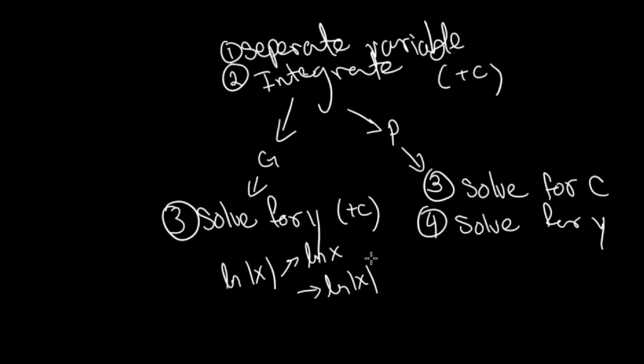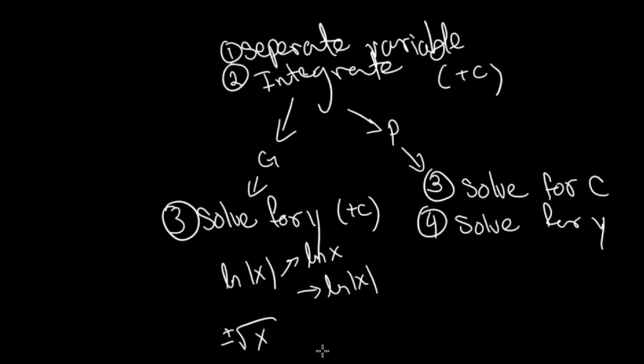This is all based on the initial condition, because sometimes you can have negative values that work within the natural log, or sometimes you cannot have negative values and you'll need the absolute values. But again, you should look back to your given initial condition and see which one matches up with which equation.